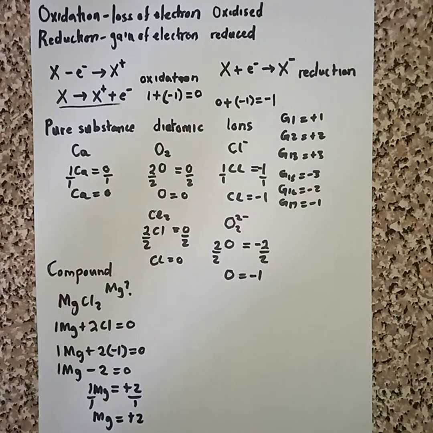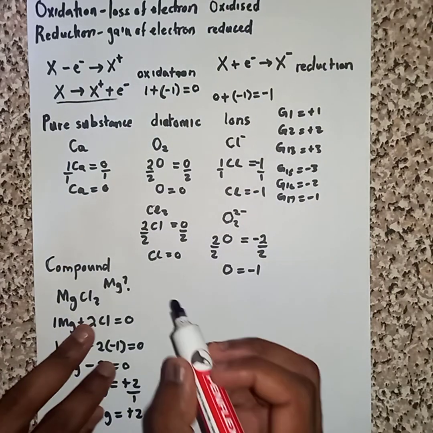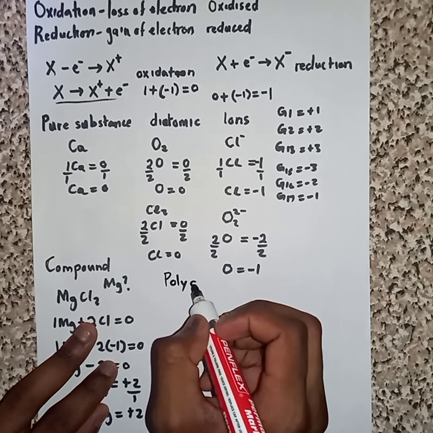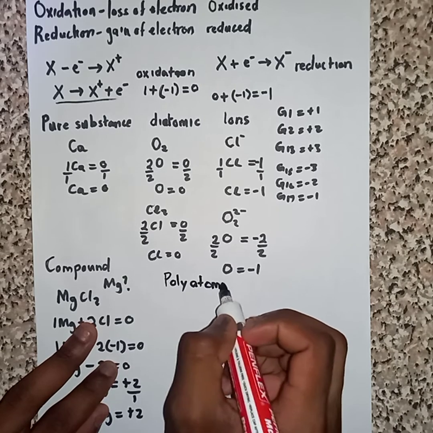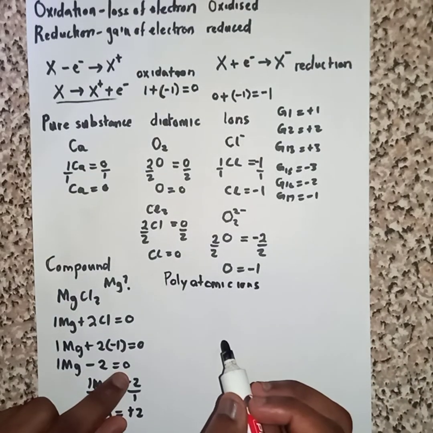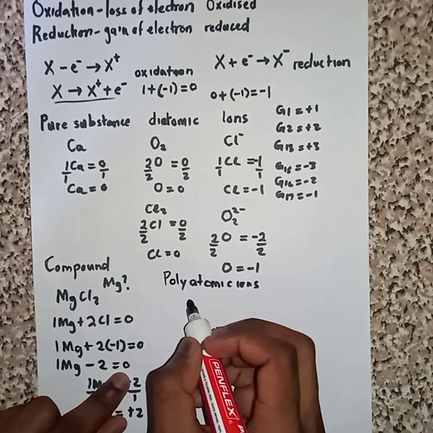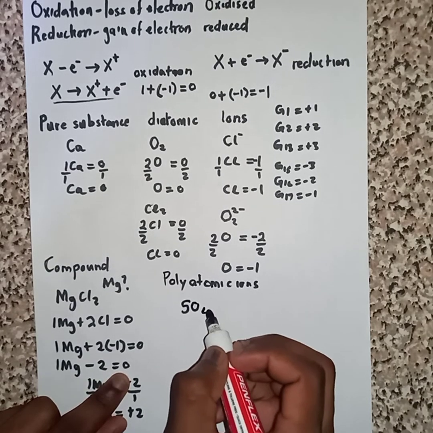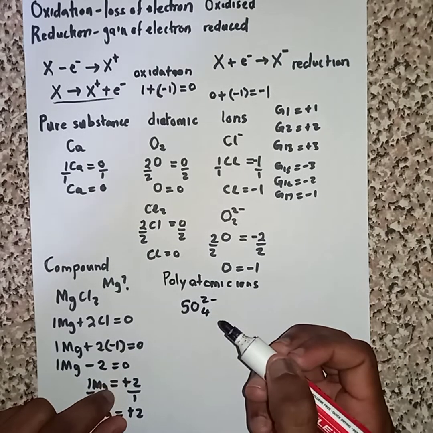Now let us consider polyatomic ions. The example I'm going to use is sulfate, SO4 2 minus.